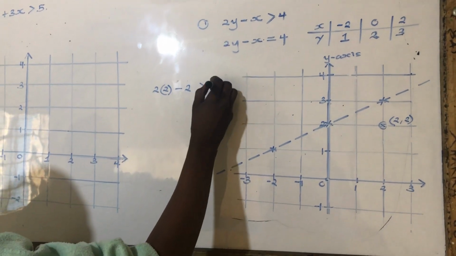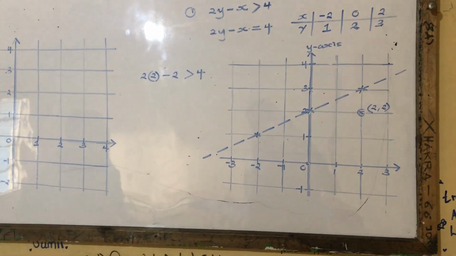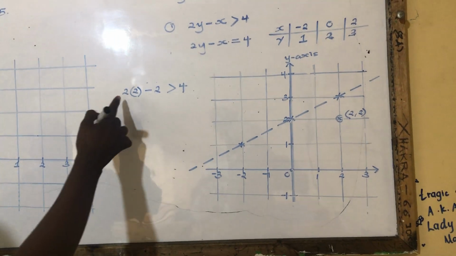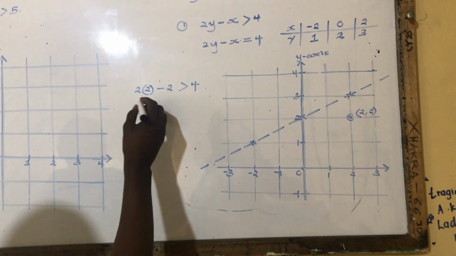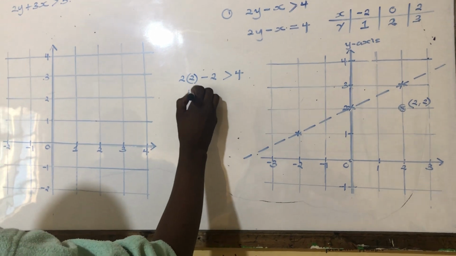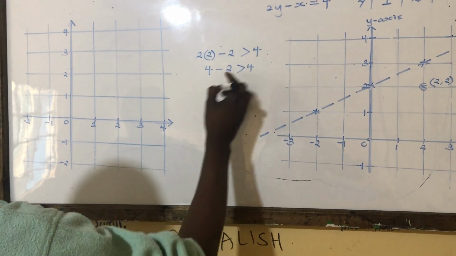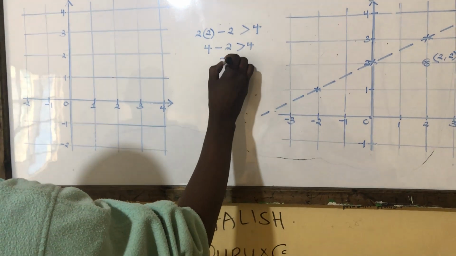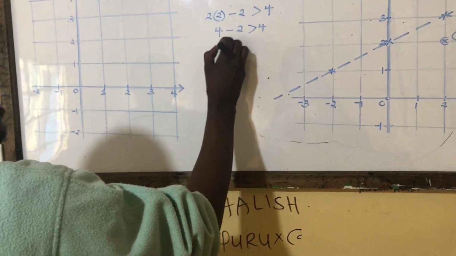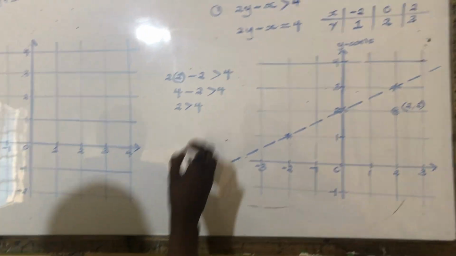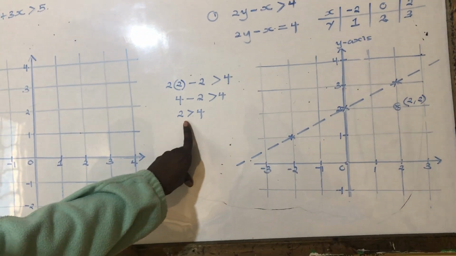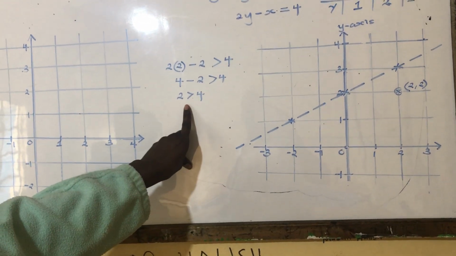Is greater than 4. What will be 2 times 2? That should be 4. Minus 2 is greater than 4. And 4 minus 2 should give us 2 is greater than 4. We will then ask ourselves a question.